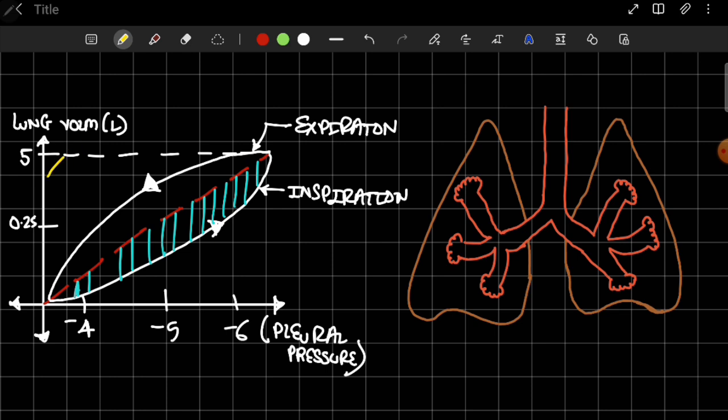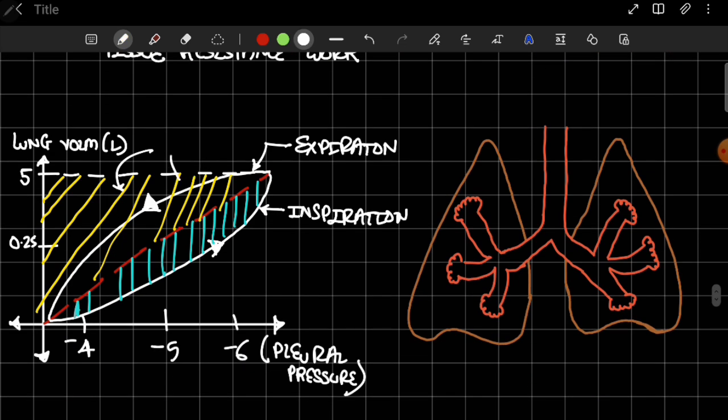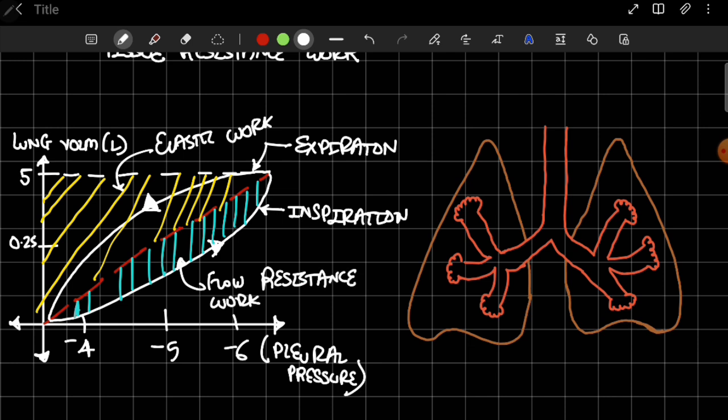Now this whole part, just a second, I will also mention it here. This is the elastic work, and the blue one we have seen is the flow resistance work.